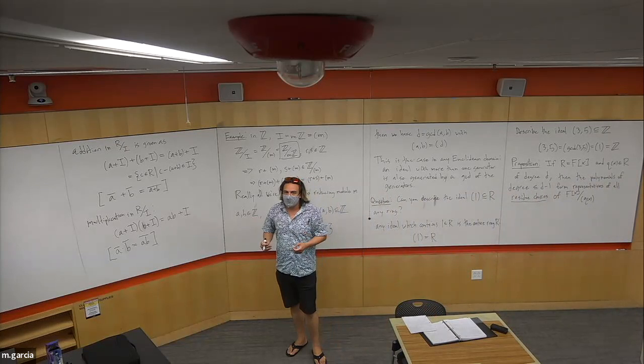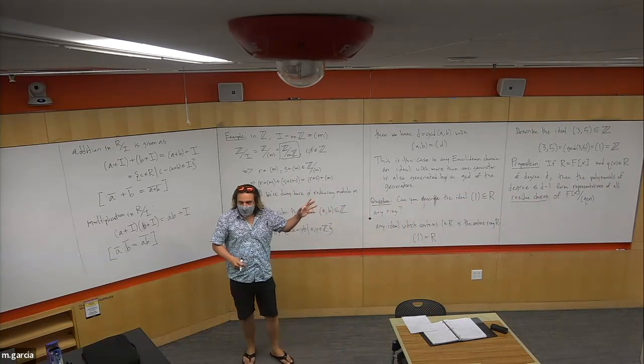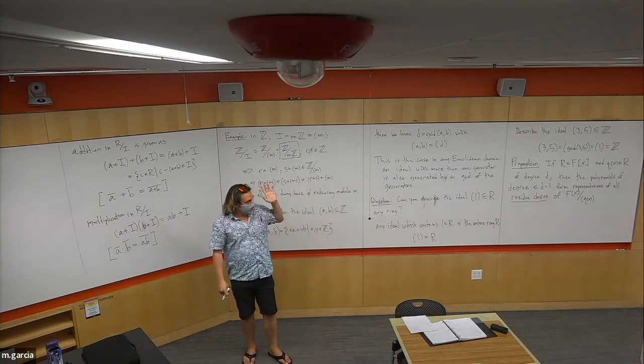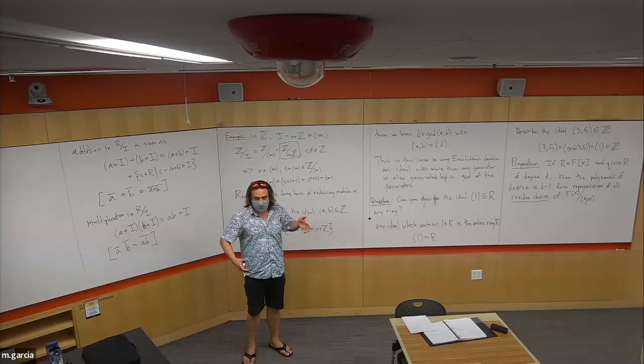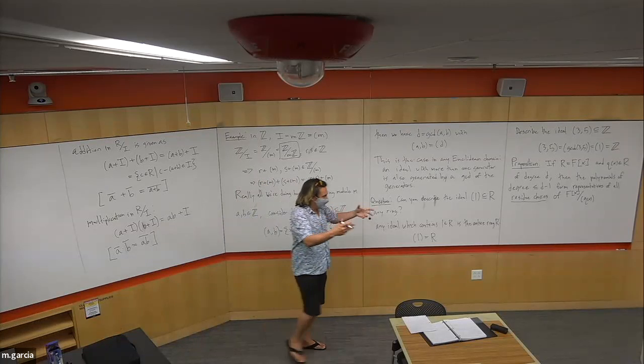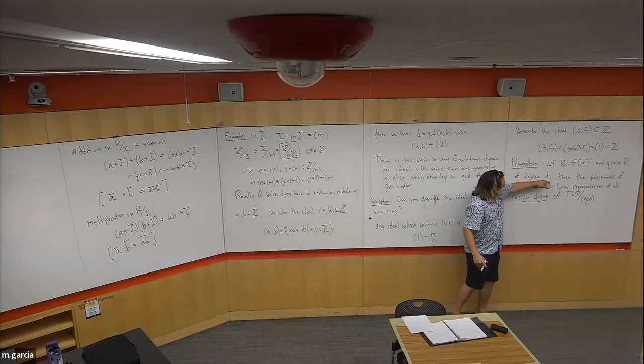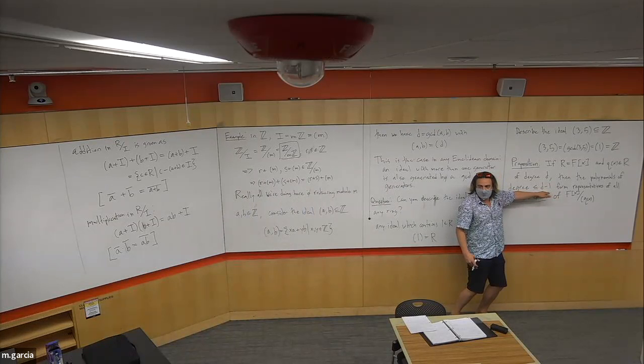If you take Z mod MZ, each residue class can be represented by an integer less than M, right? So it becomes a little more complicated in say the polynomial ring or Z adjoin I, because things aren't ordered. We can't say less than Q of X, right? But you see again, this behavior of describing things in terms of a norm, right? The representatives all have degree less than the degree of the polynomial that generates the ideal we're modding by. Okay.